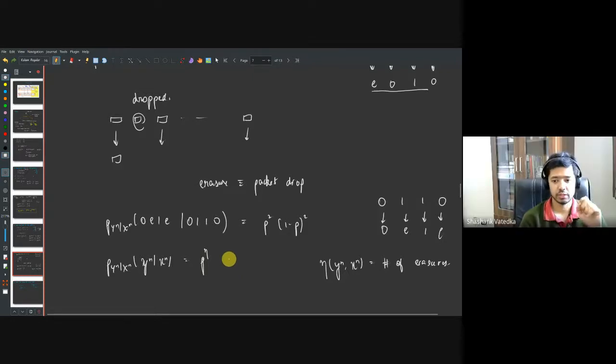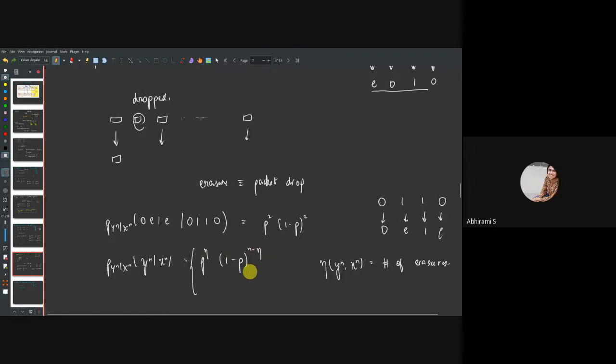So eta locations are erased and n minus eta locations are left as they are, so there will be 1 minus P. Correct. So it is P to the eta times (1 minus P) raised to n minus eta.